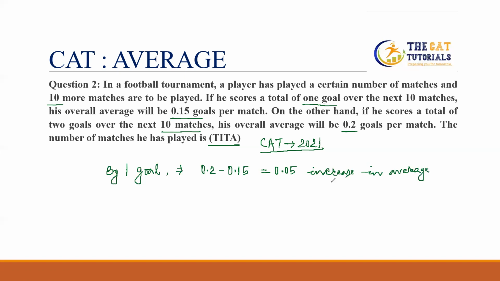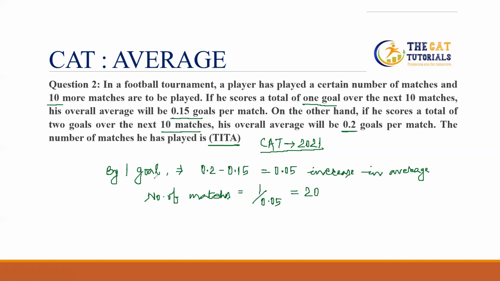So the number of matches will be 1 upon 0.05. When we solve this, it is equal to 20. So 20 is the total number of matches.